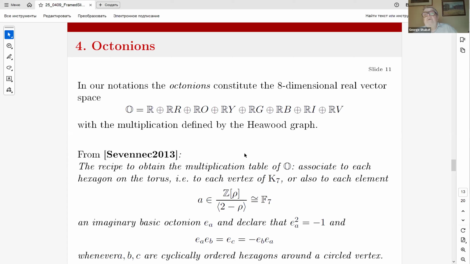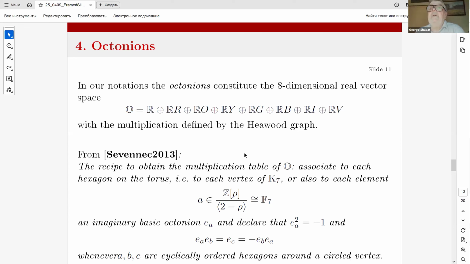Now, the main point that is fantastic for me, really fantastic, is the observation perhaps of this Sevenech, again unknown to me, and I don't know from which country he comes, that the complicated rule of multiplication in octonions becomes almost trivial if we use the Heawood graph.